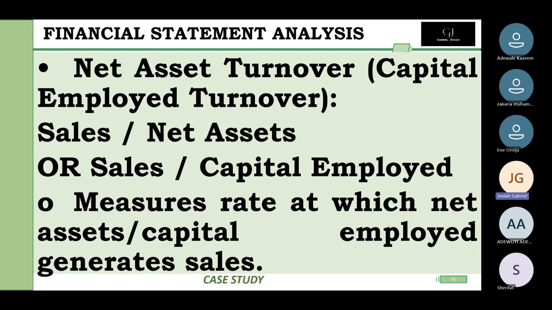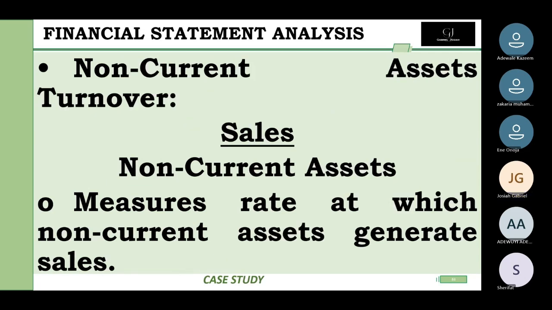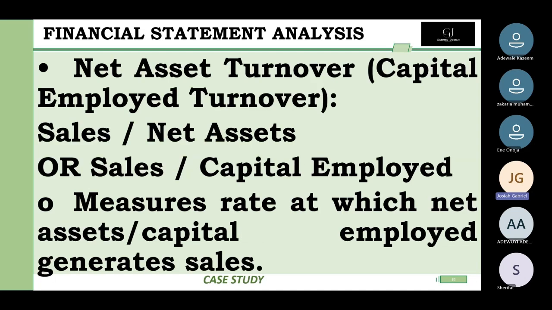So you're trying to see how much your revenue is above your net assets. And it measures the rate at which net assets to capital employed generates sales or revenue for the organization. So non-current asset turnover is the next one.